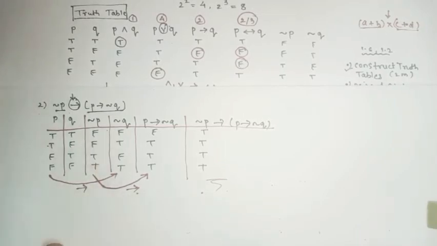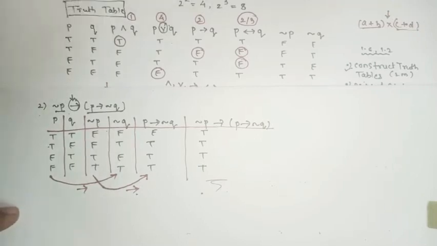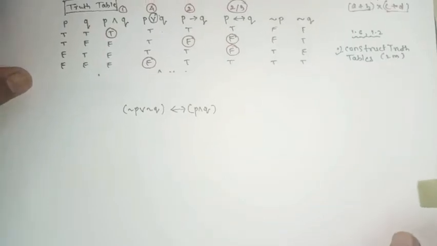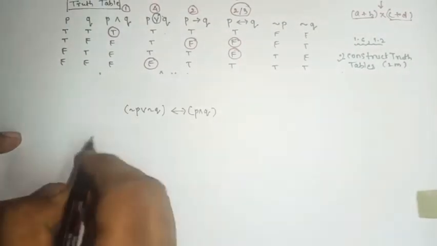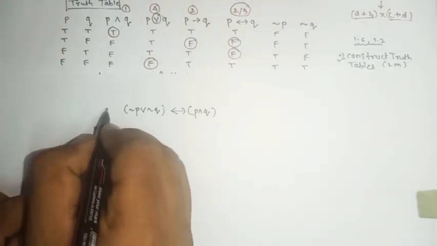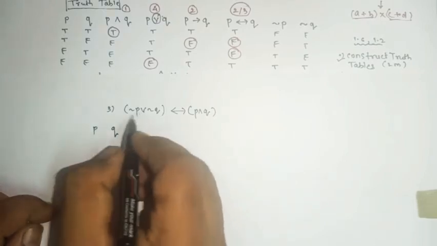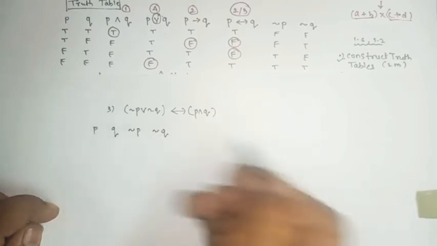Just go through this. Okay, so now for this sum, first P will come, then Q, then negation of P and negation of Q. Yes or no?